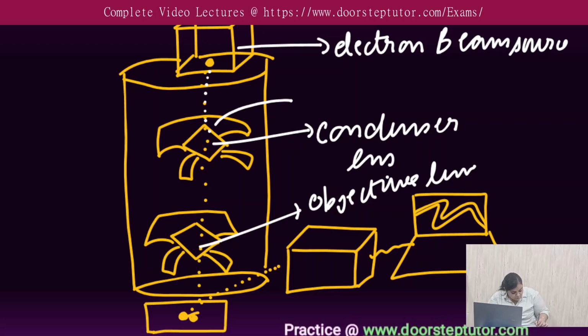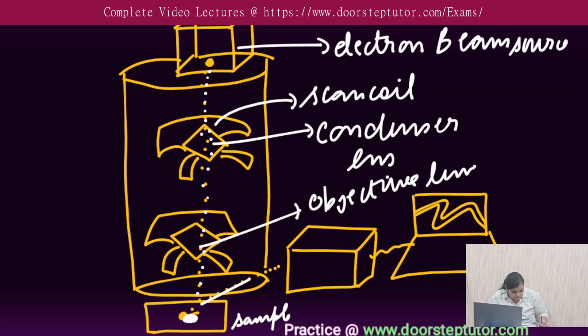And here these coils are attached, which are called the scan coils. That means on these lenses coils have been mounted, which are called your scanning coils, okay? And this beam of electrons, after passing through these, strikes the sample surface. So this contains my sample, and after striking over this, a secondary beam of electrons is produced.